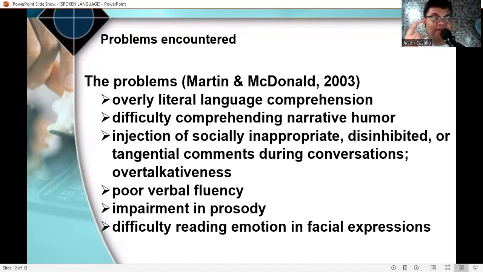And if there is no communication with others, there is a possibility that these students will also have low social competence, which will lead that student to being alone. That's why spoken language competence is very important.